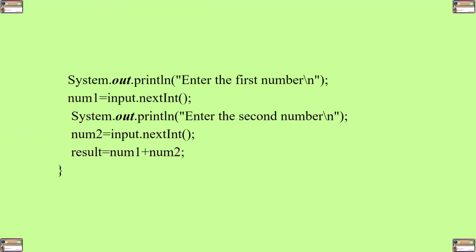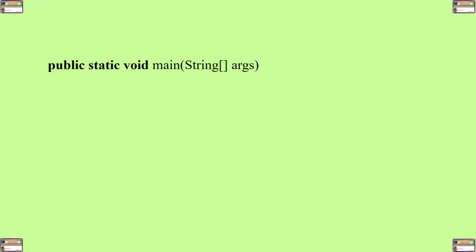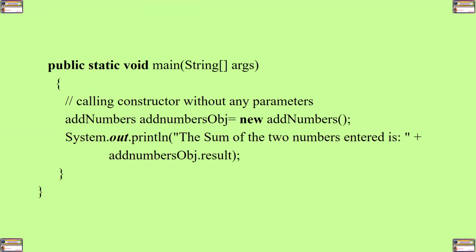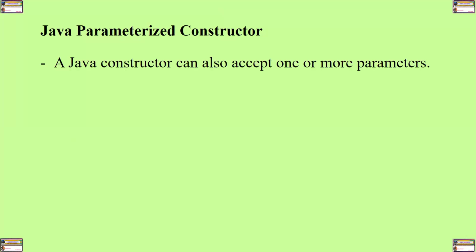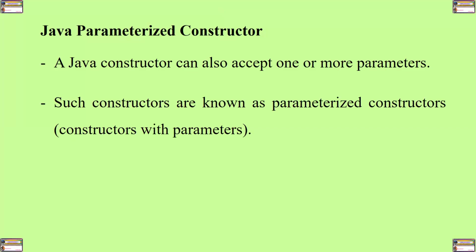Next, let's look at the other one. The other one is what we call the parameterized constructor. Java parameterized constructor. What is a Java parameterized constructor? A Java constructor can also accept one or more parameters.